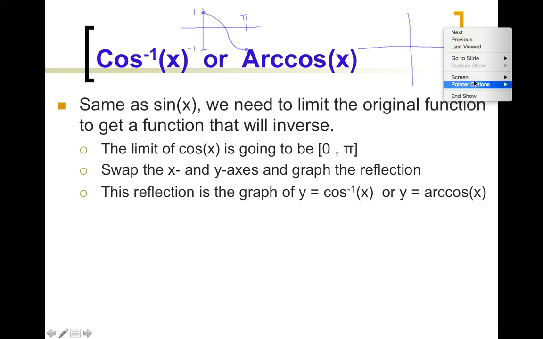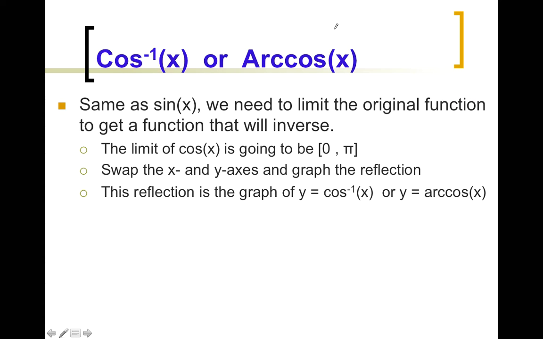I don't need anything below the x-axis. My x-axis goes from -1 to 1, and my y-axis goes from 0 to pi. We swap the directions there. And at -1, it's at pi. And at 1, it's 0. And in here at pi halves is where it crosses the x-axis.